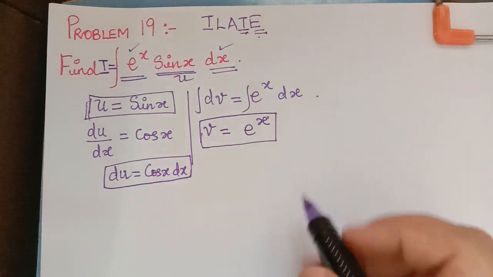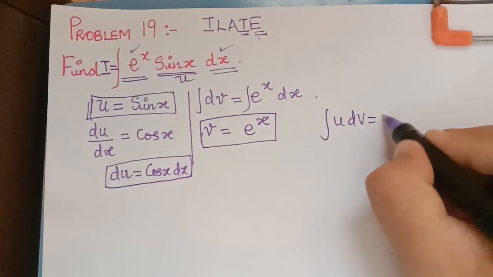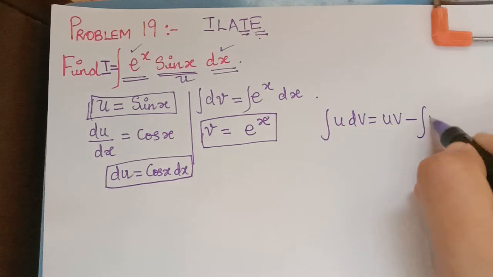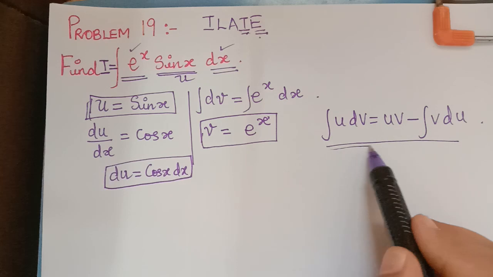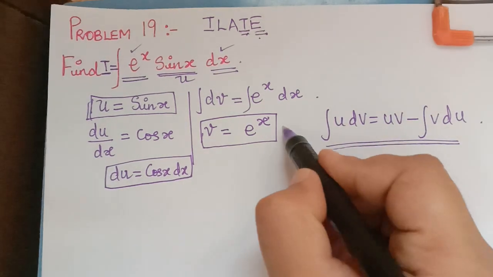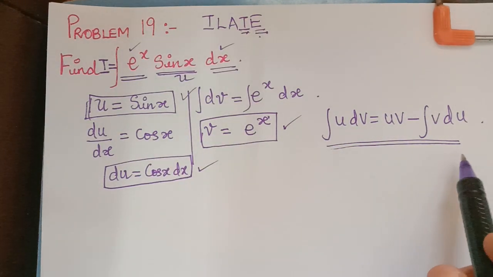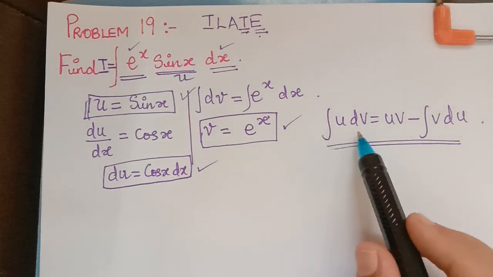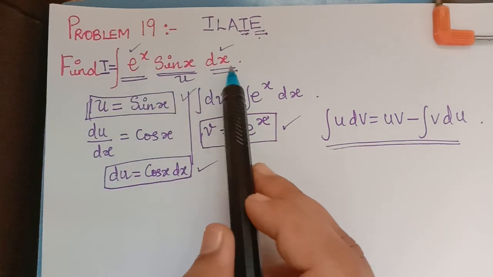Now we have to apply the formula: integral u dv is equal to uv minus integral v du. So this is the formula for integration by parts. In this formula, we have to substitute the u, v and du that we have obtained. Now integral u dv is the given question, that is, integral e power x sin x dx.